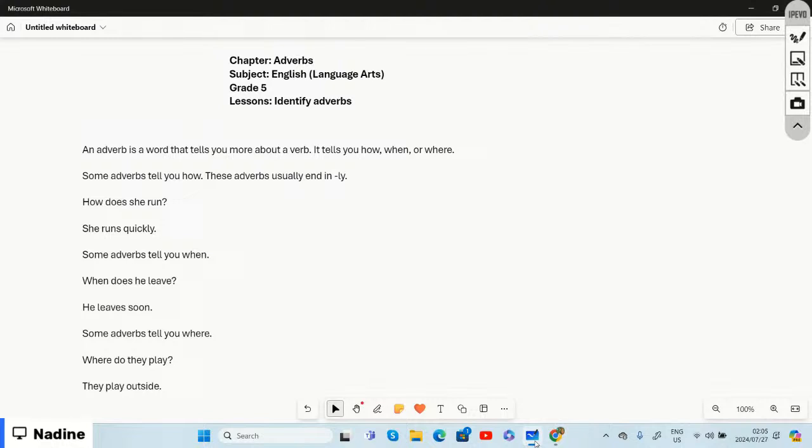And the lessons that we are going to be focusing on under the chapter of adverbs, it is to identify adverbs. So we are going to identify adverbs within our lesson or within our chapter today.